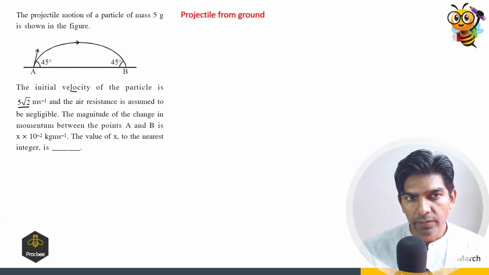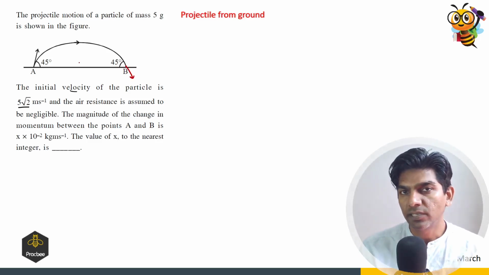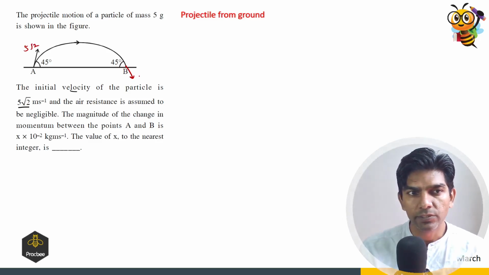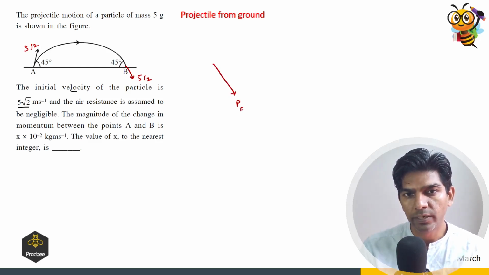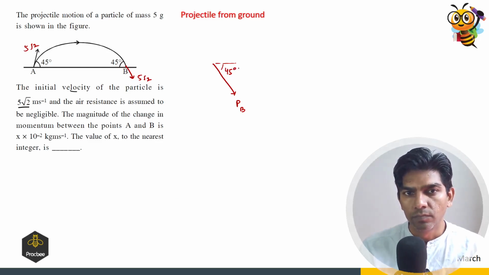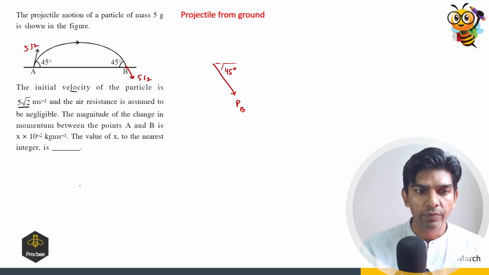So just before hitting the ground, the speed will be same as the speed of projection. So here if the speed is 5 root 2, then just before hitting the ground the speed is also 5 root 2. So the final momentum, so I can say this is the momentum at B, which is making an angle of 45 degrees with the horizontal. And we have to find change.